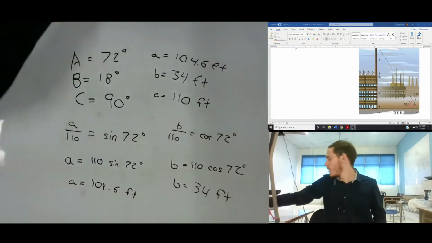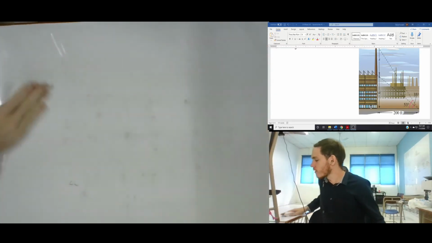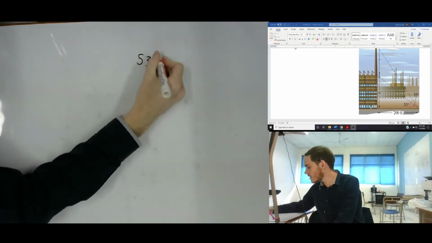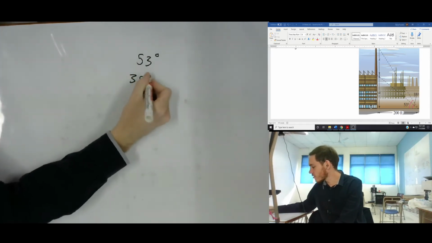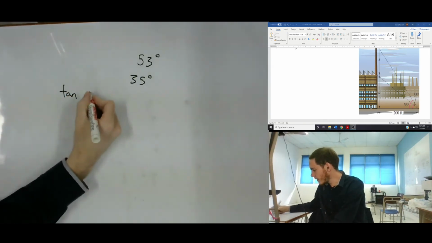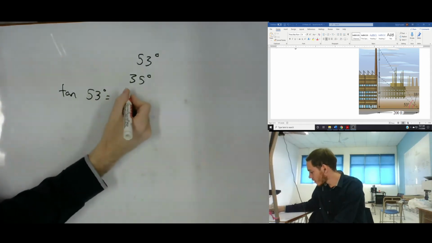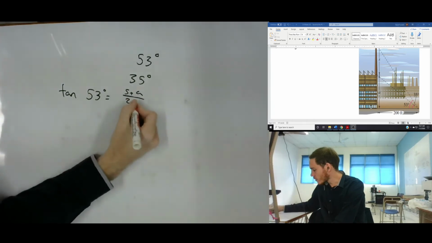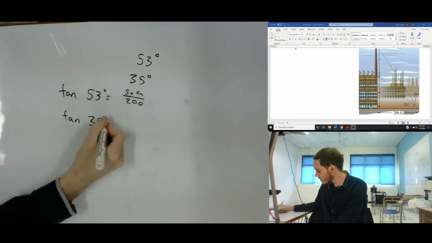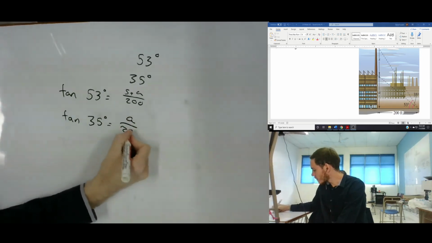So first thing we notice about it is that we have two triangles we're dealing with, one with 53 degrees and one with 35 degrees. They're both going to be tangent. Tangent of 53 degrees is going to equal s plus a over 200, and tangent of 35 degrees is going to equal a over 200.